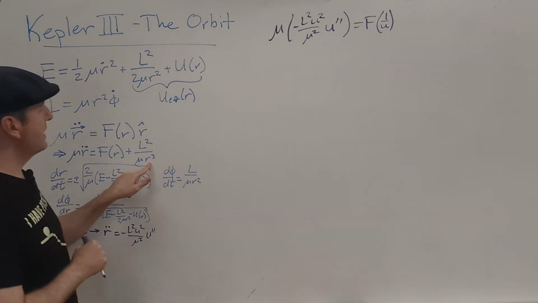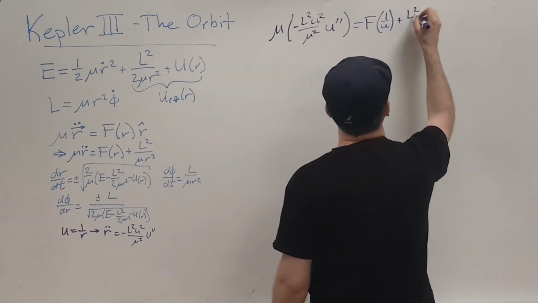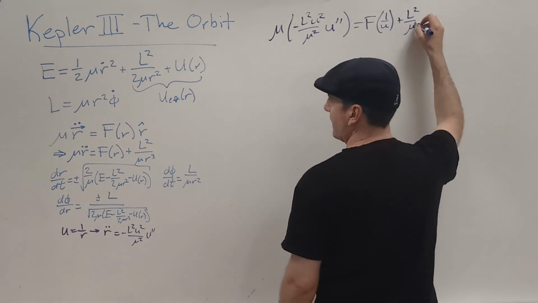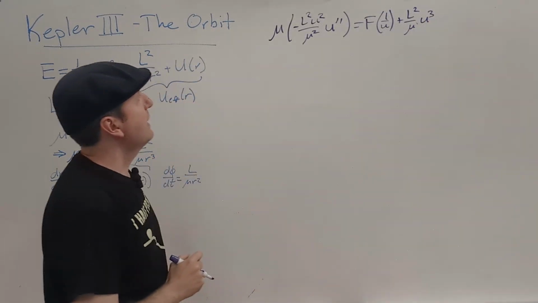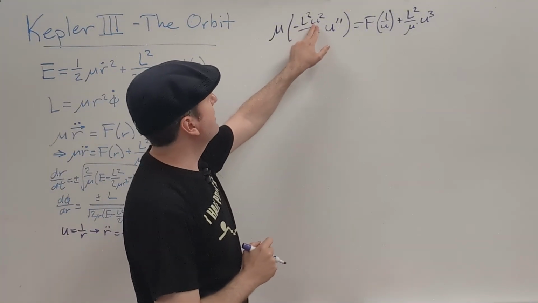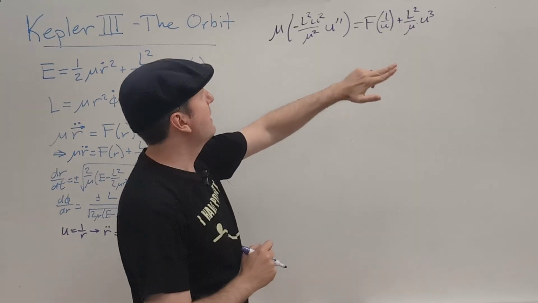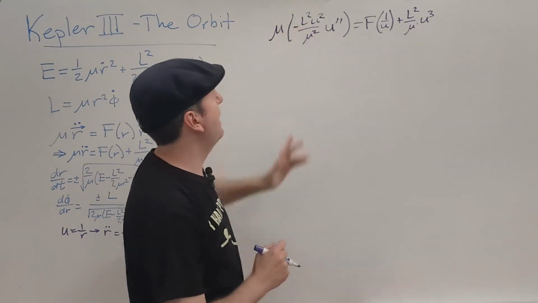And then notice this piece that has an r cubed will just have a u cubed in it in the numerator now. And what I want to do now is basically divide everything by u squared and then make the coefficient of this u double prime positive 1.